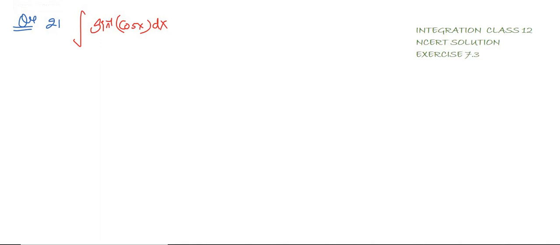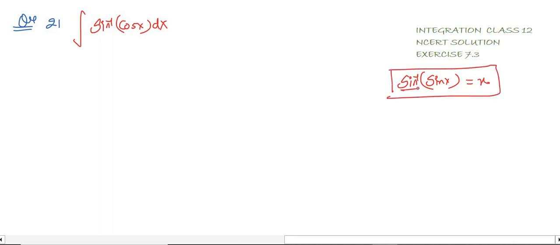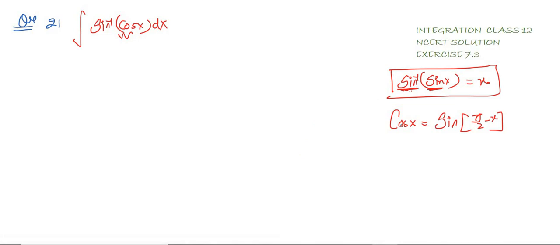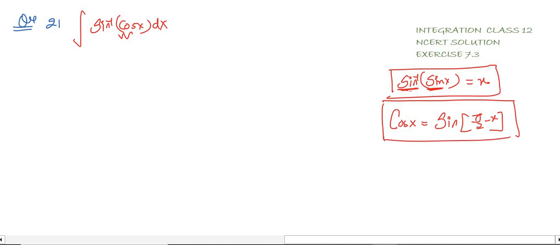Now question number 21. In this question, we know one formula: sin inverse of sin x becomes x. The condition is that sin inverse and sin both should match. But here is cos. So if you remember from 11th class, can I convert cos into sin like this? Yes or no? Cos x can be written as sin of (pi by 2 minus x).